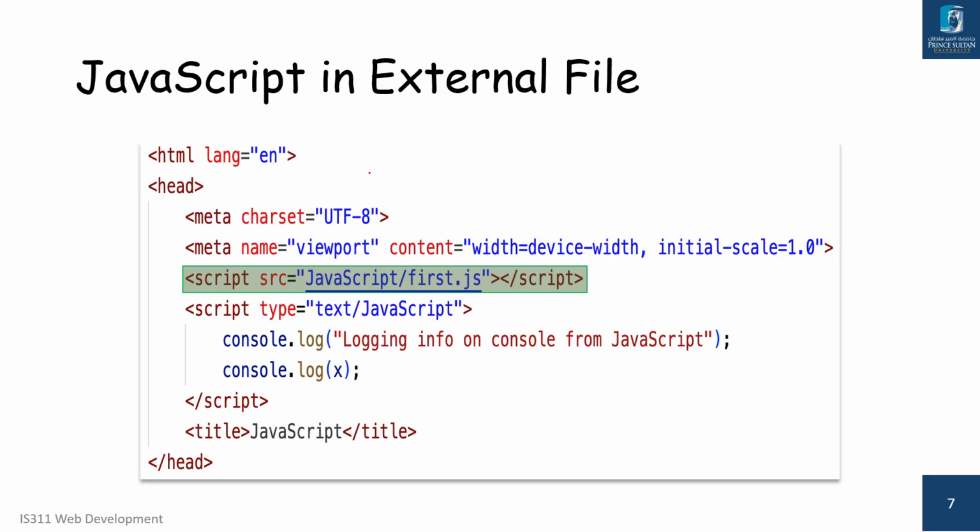When we are connecting it, we don't write any code in between these two tags. We just tell our HTML file that you can find the external JavaScript file inside this location, inside the JavaScript folder, slash our file name is first.js.